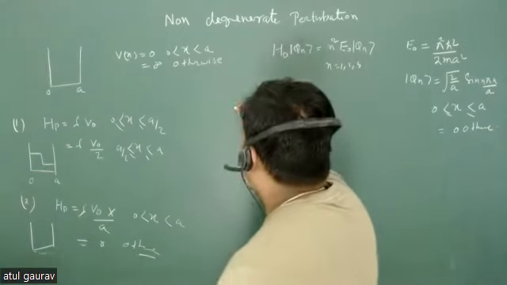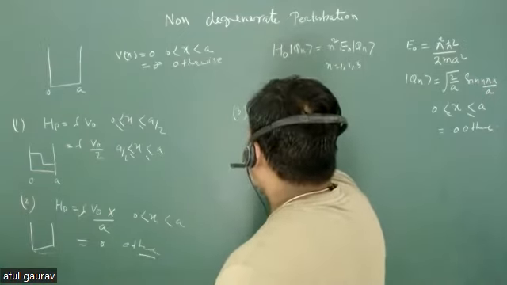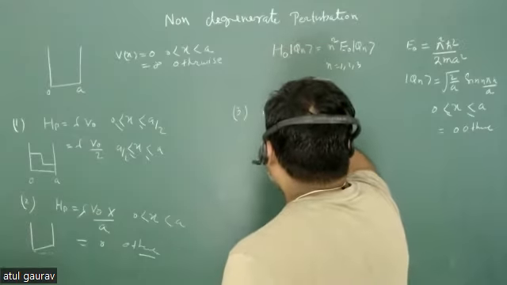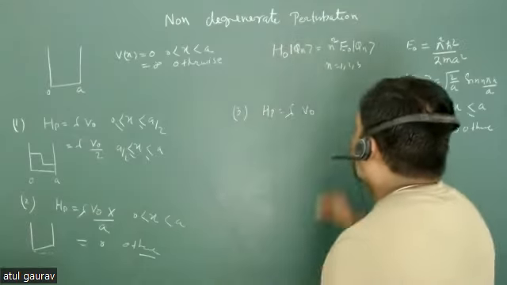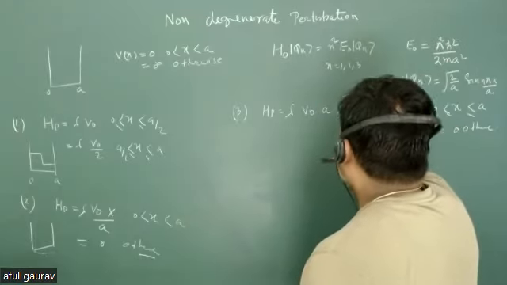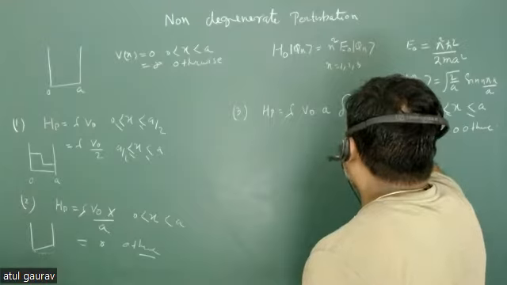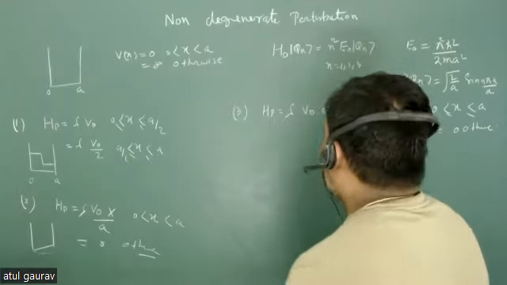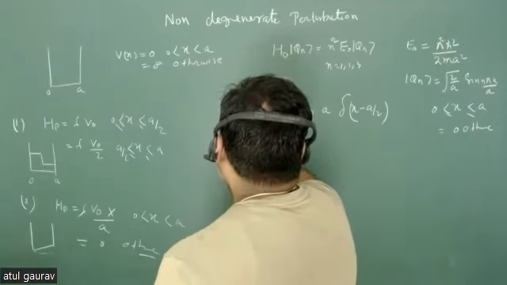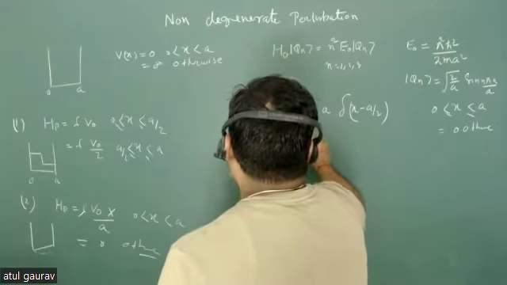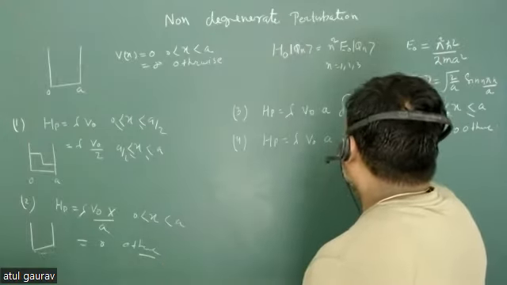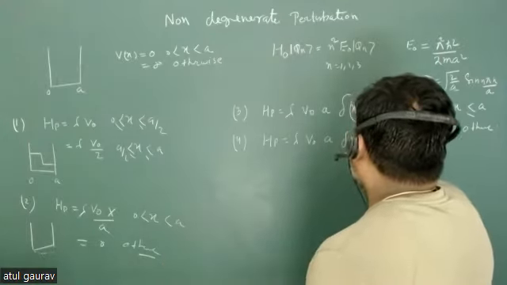Let's go for the third one. Hp is equal to lambda V naught a delta x minus a by 2. Fourth one, Hp is equal to lambda V naught a delta x minus a by 4.